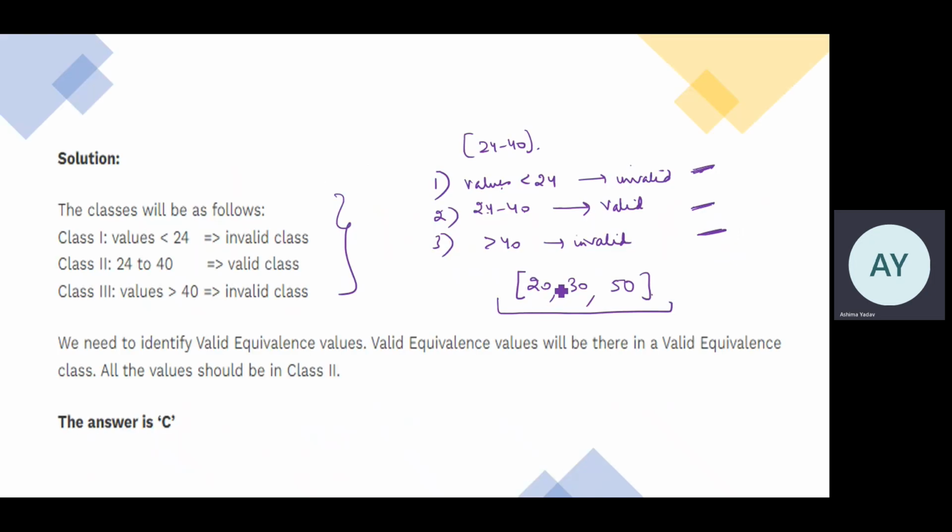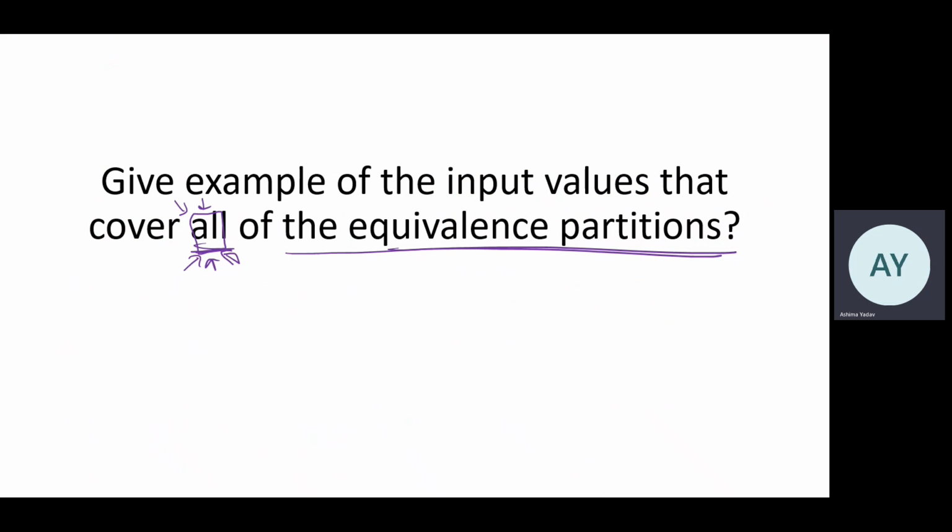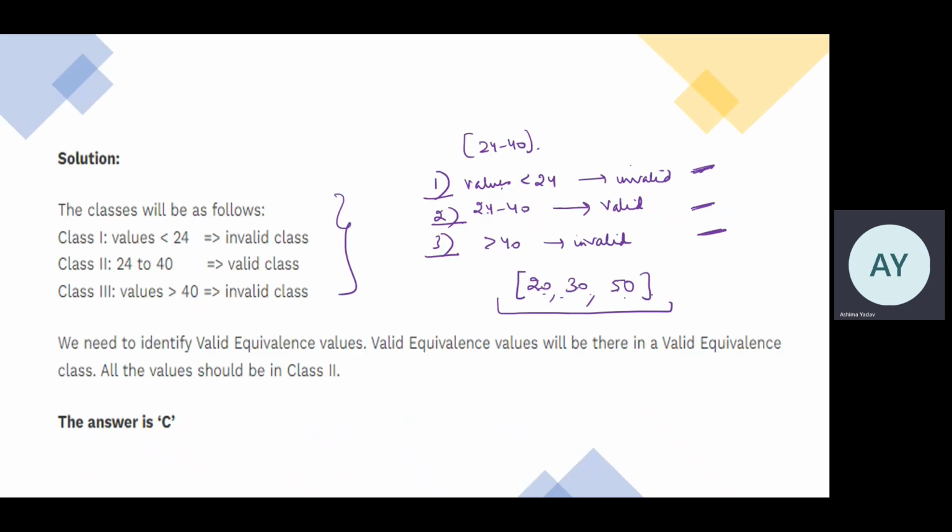Here 20, 30, 50 are covering each of these 1, 2 and 3. So they are the example covering all the equivalence partitions. You need to find the values that cover each of these three equivalence partitions.